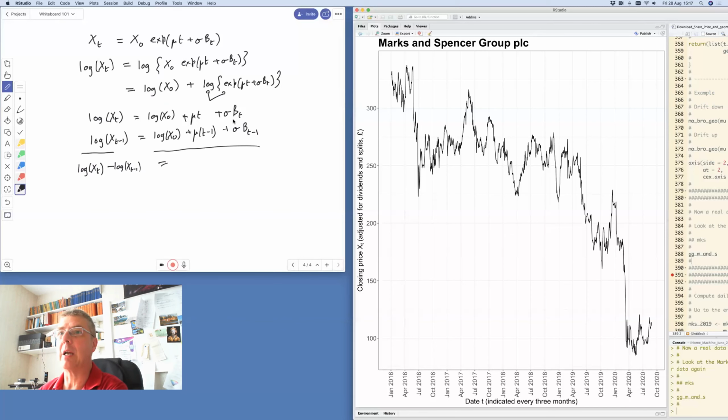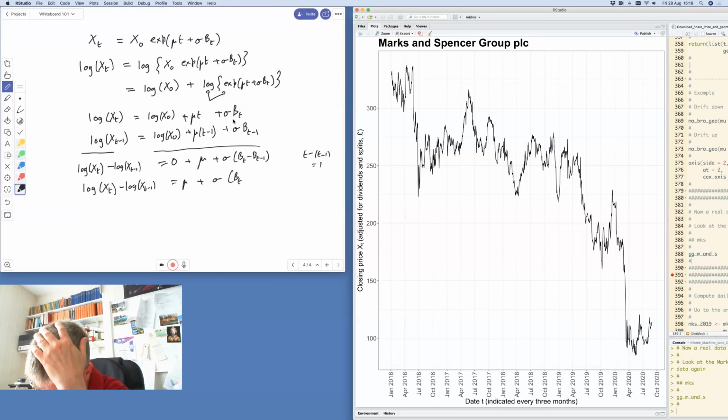Now, when I subtract log x naught from log x naught, I get 0. When I take mu t and subtract from it mu times t minus 1, I just get mu, because t minus (t minus 1) is equal to 1. And then I get sigma times (bt minus bt minus 1). So therefore, I have that the log of xt minus the log of xt minus 1 is equal to mu plus sigma times (bt minus bt minus 1).